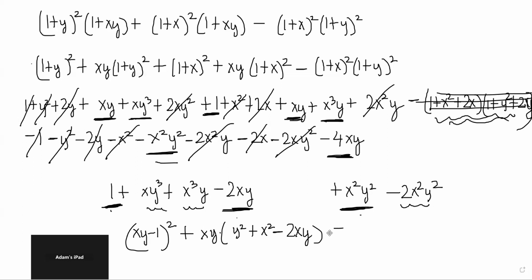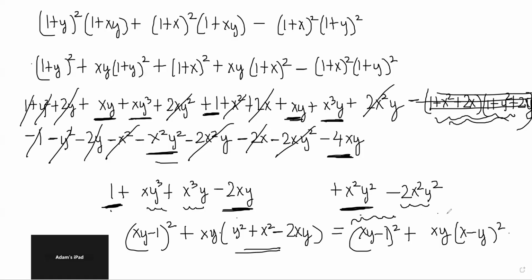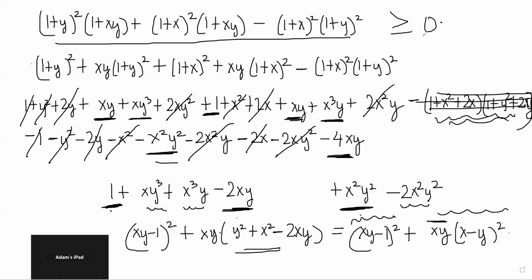So I'm getting (xy minus 1) whole square plus xy common and (x minus y) whole square, right? Yes. So now it is very nice because this is a perfect square, this is a perfect square, and multiplied with positive things, so it is guaranteed that the overall expression here is greater than or equal to 0.